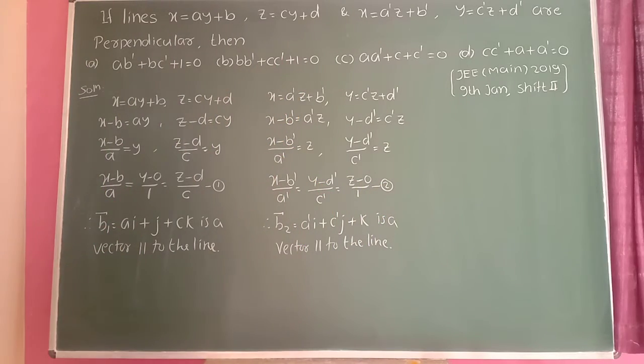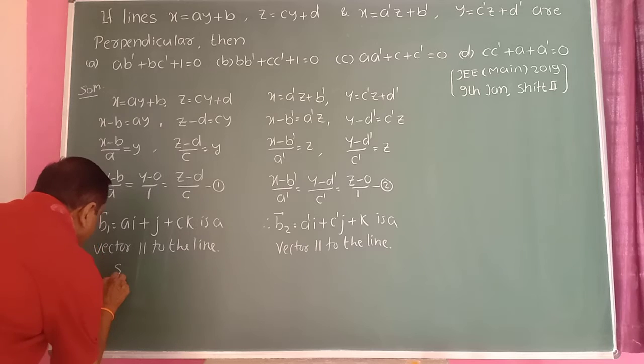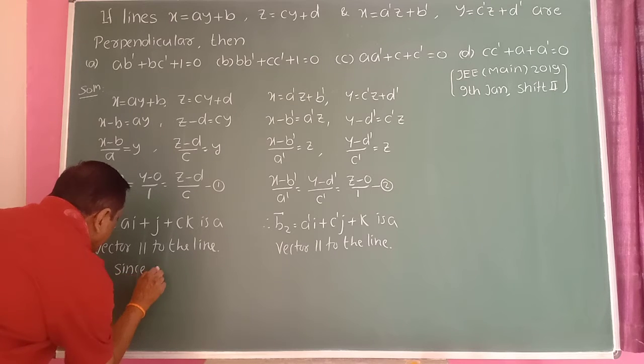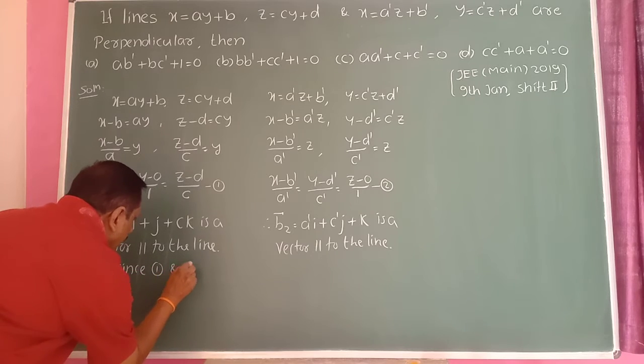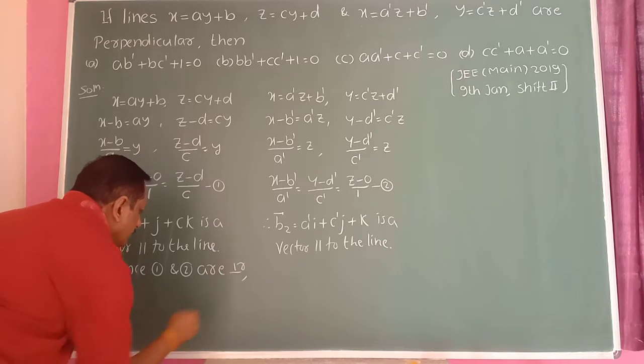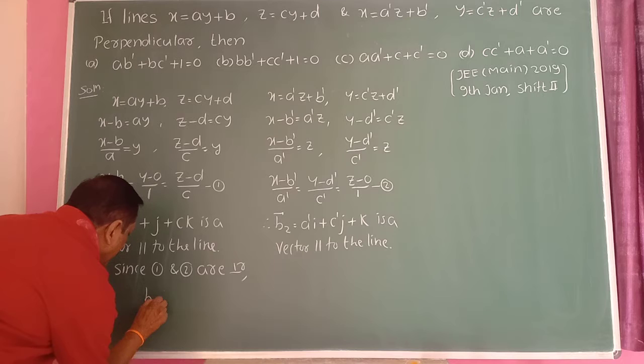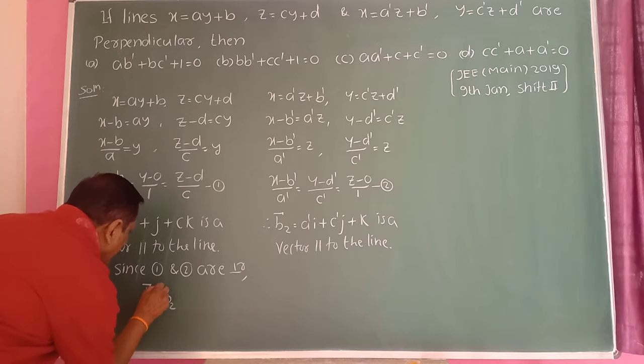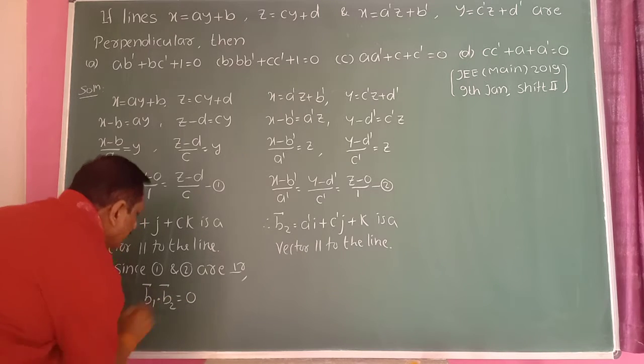Since 1 and 2 are perpendicular, b1 dot b2 is equal to 0.